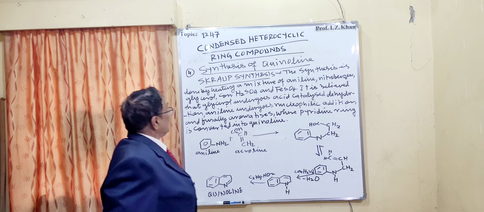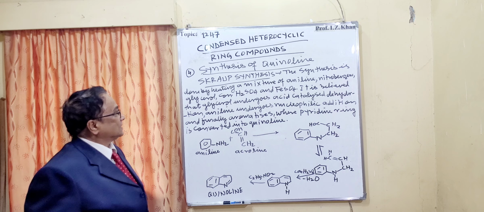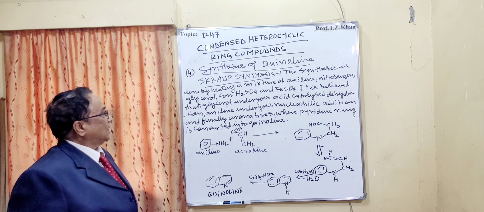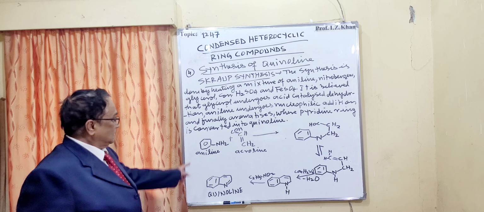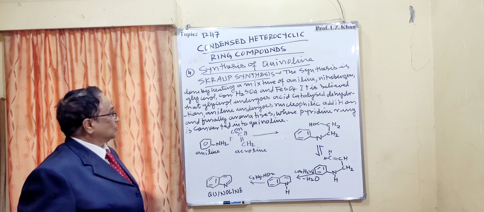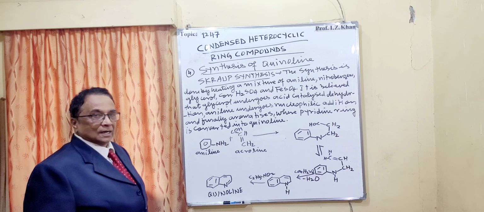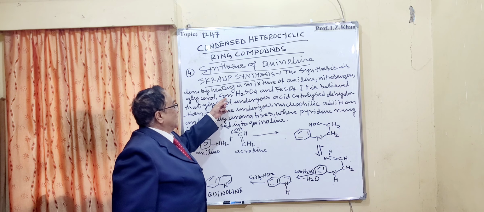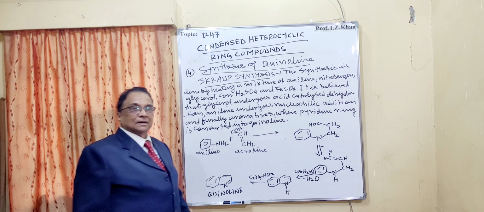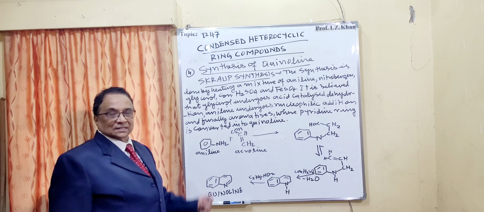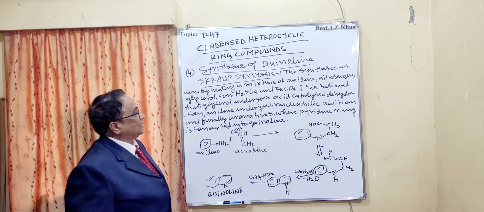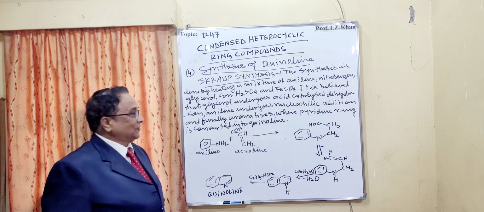So here is the Skraup synthesis. This synthesis is done by heating a mixture of aniline, nitrobenzene, glycerol and concentrated sulfuric acid. Concentrated sulfuric acid will act as a dehydrating agent because it is a strong dehydrating agent, along with ferrous sulfate, that is FeSO4.